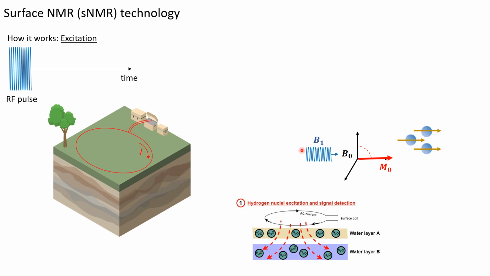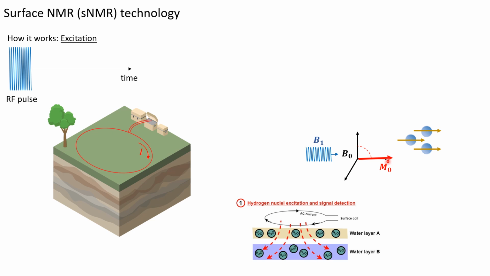And that B1 field is created by routing AC current through a surface loop wire, and by increasing the current in the loop, we can excite deeper and deeper groundwater. So once we have that excitation pulse, we transfer our magnetization toward the transverse plane.